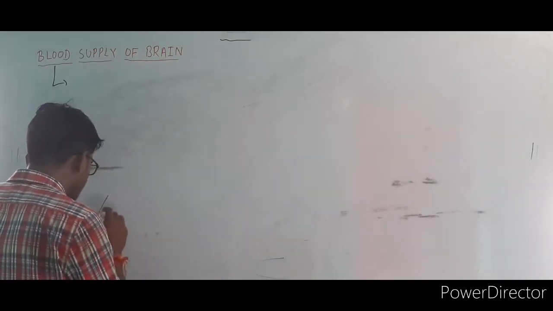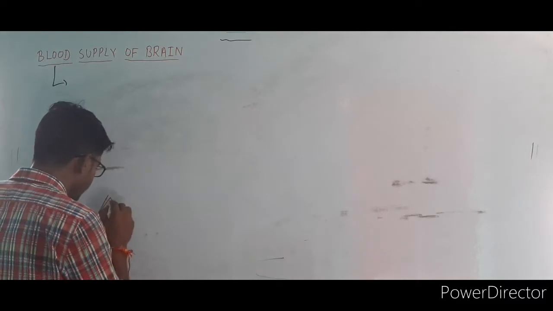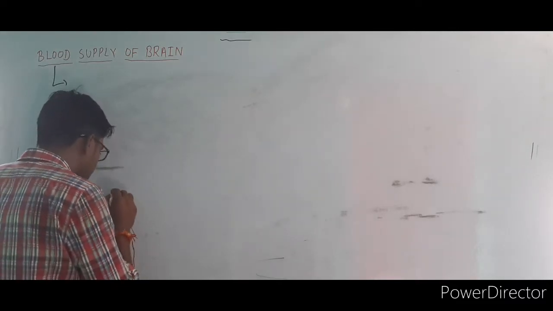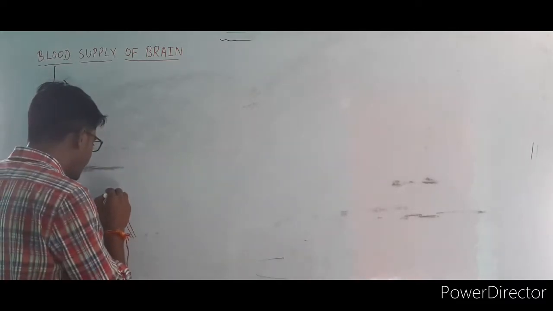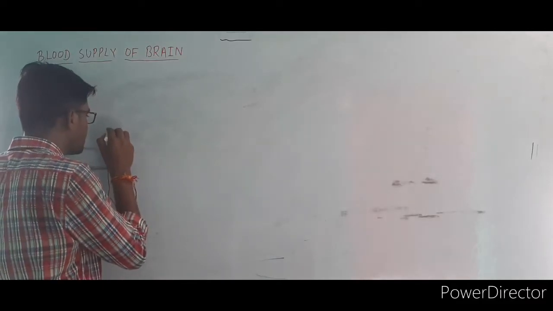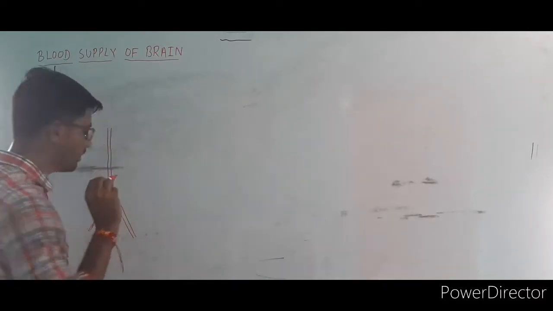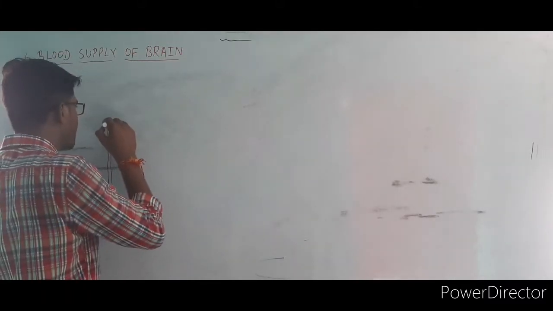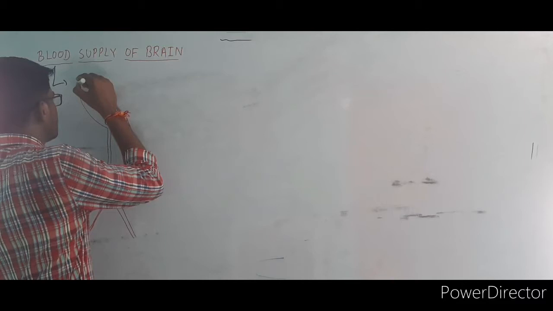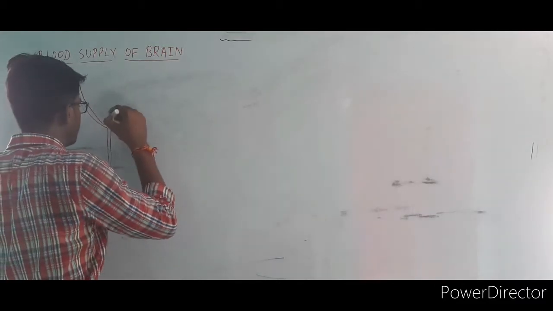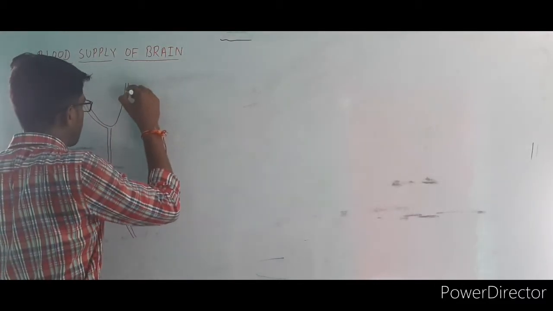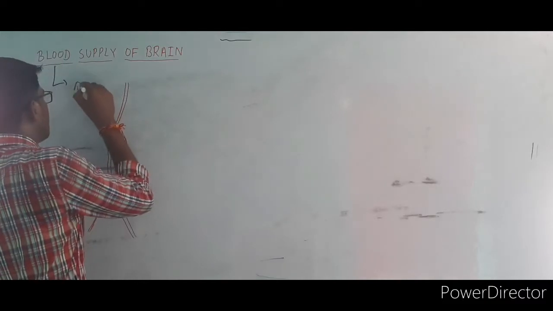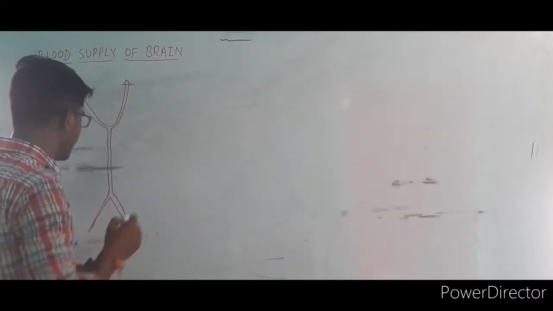This is one vertebral artery. This is the second vertebral artery. Right? Two vertebral arteries, and they form the basilar artery. This is the basilar artery. Any problem? No. This is the basilar artery. Now, this basilar artery has a terminal branch. This thing is the terminal branch, right?